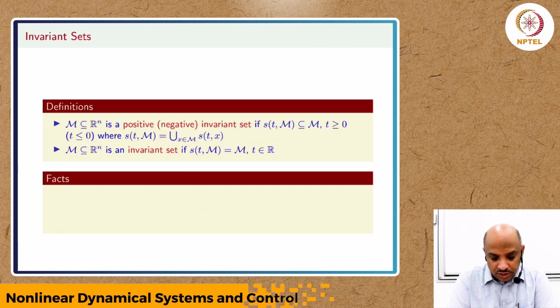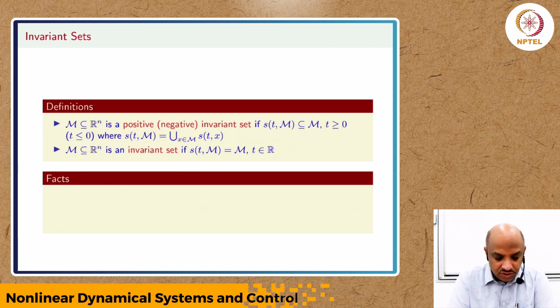In the set notation, this boils down to S of t comma M being a subset of M, where M is the set that we are talking about. If it is satisfied for all t greater than or equal to 0, then it's called a positive invariant set. If it is true for t less than or equal to 0, then it's called a negative invariant set.